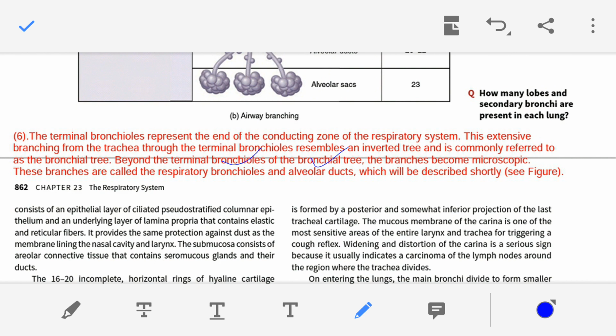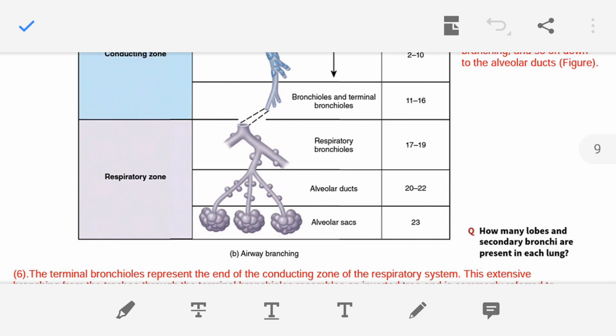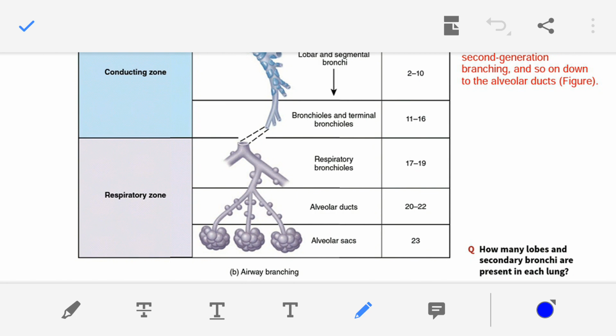These microscopic bronchioles are known as the respiratory bronchioles. Here in the table, with the terminal bronchiole, there is an end of the conducting zone, and from this terminal bronchiole, still very minute bronchioles are arising. These minute microscopic bronchioles are known as the respiratory bronchioles.